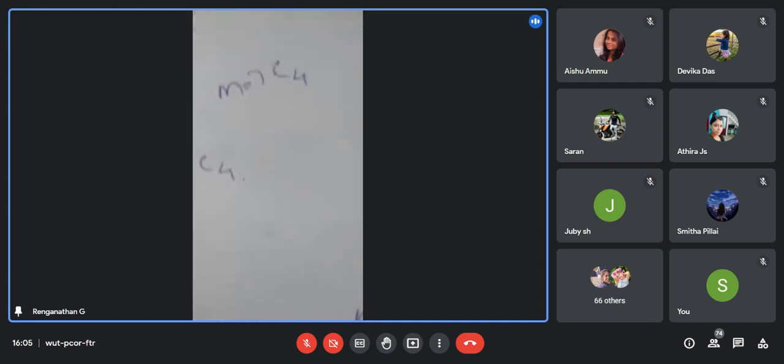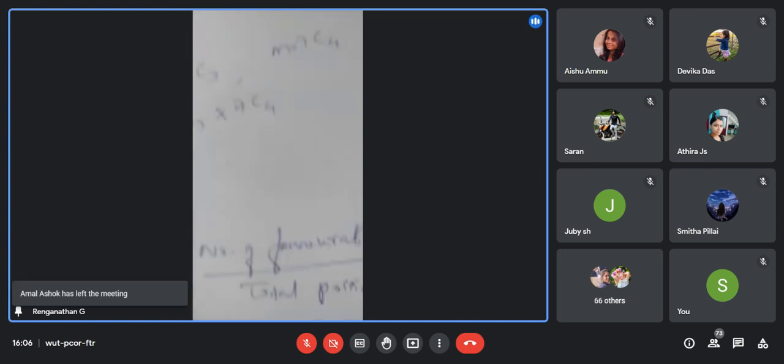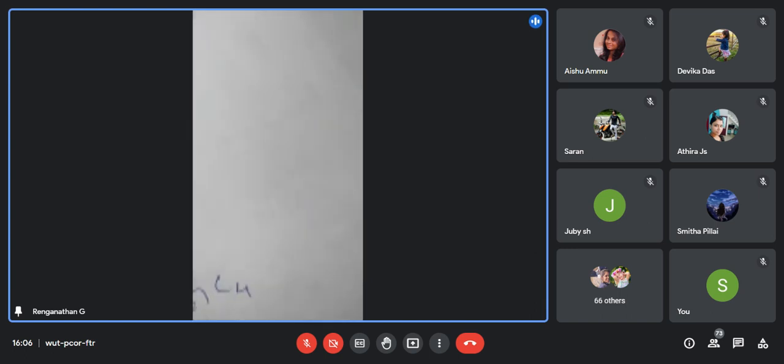Okay, start my question. When three coins are tossed, what is the probability of getting one, that means the first part of the question, all heads.